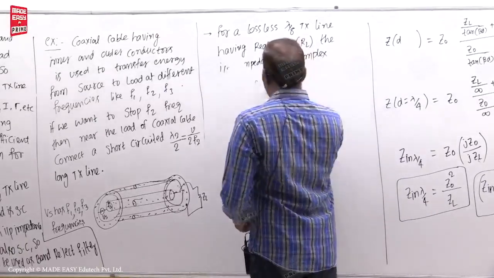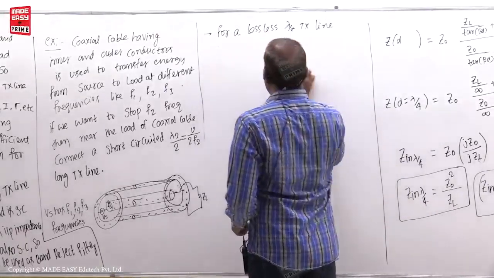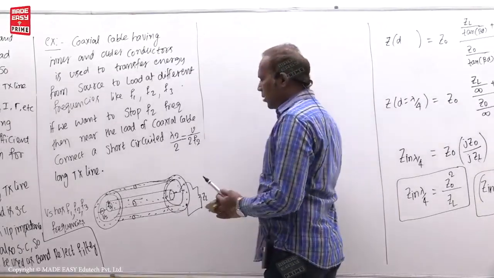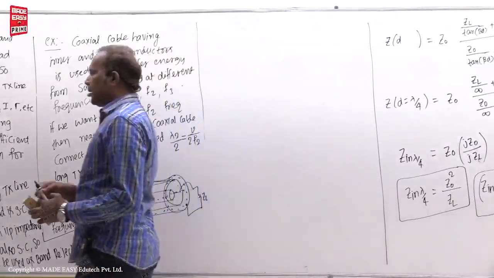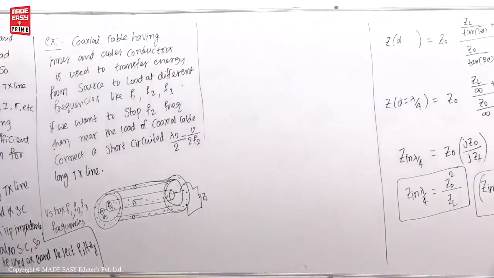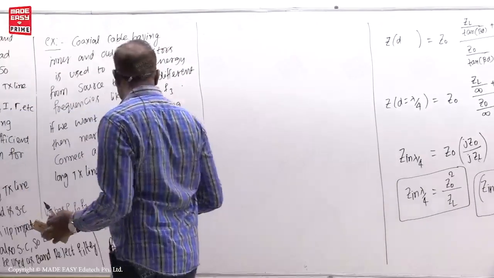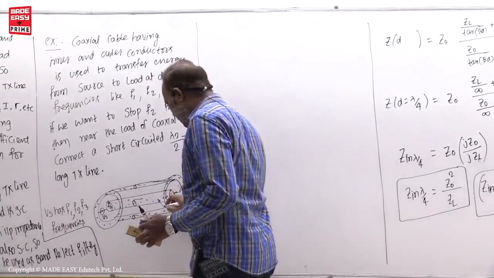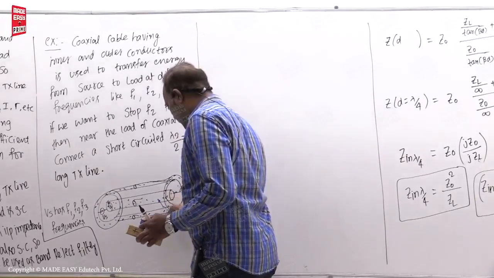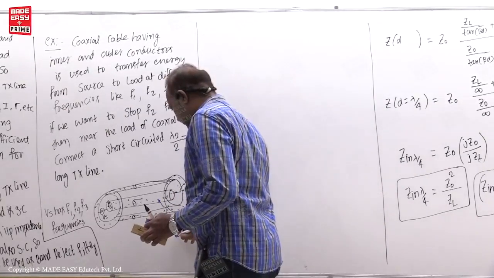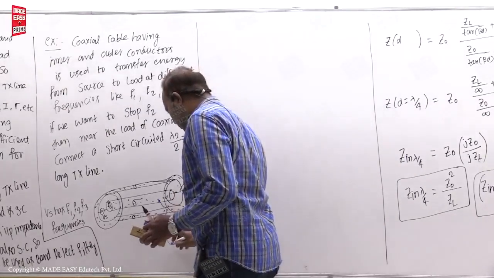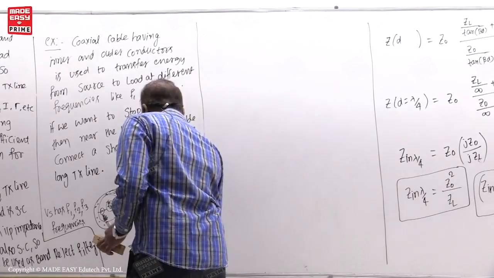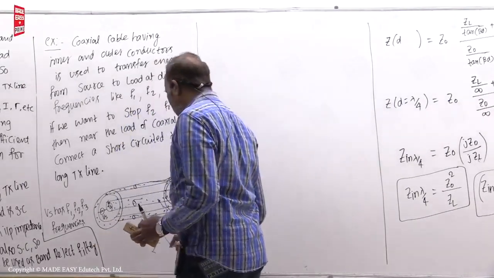But now if you want to stop the F2 frequency reaching the load, then what you do, near the load, anywhere, like this, there is no connection to this one, like this I am putting. The length of this transmission line is lambda by 2 of wavelength.